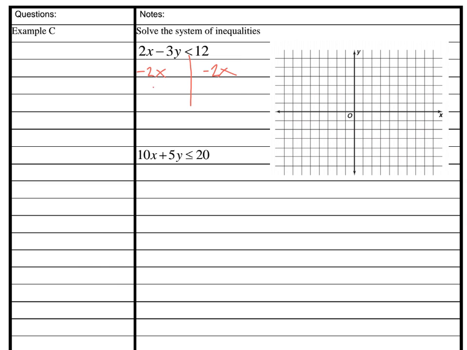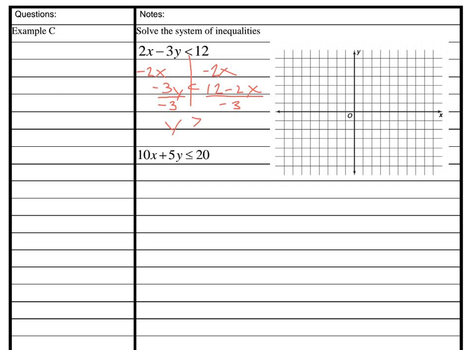That leaves me with negative 3y, and the inequality sign does not change from subtracting, so less than 12 minus 2x. Now this is negative 3 times y, so I'm going to divide by negative 3 on both sides, which if you remember, actually flips our sign.